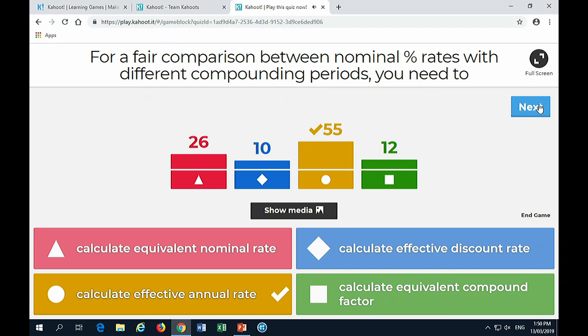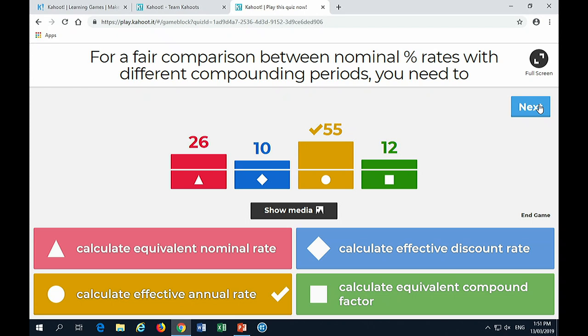So let's see. Again, most of you in this case have chosen the right answer. To compare rates that have different nominal interest percentages, you have to calculate the effective annual rate. In this case, you have the same nominal interest rates of 12%, but when you look at the frequency of compounding, they're actually not the same, because they don't produce the same future value.